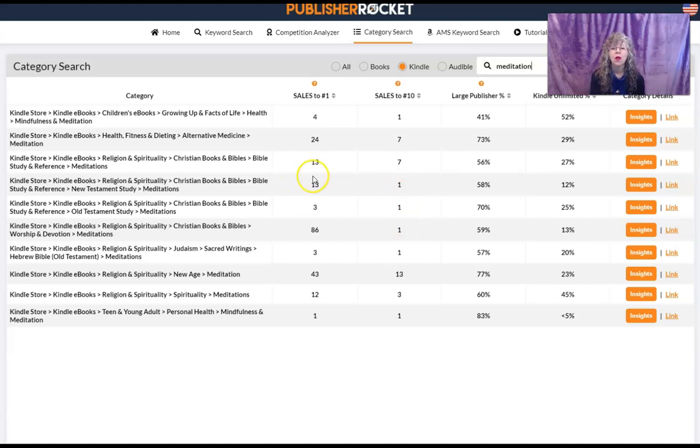All right, so meditation. Kindle and Amazon and a lot of bookstores throw religion and spirituality together. I've never understood why, because in my mind they're quite different, but they put them all together. So under religion and spirituality, they have Christian books and Bibles, Bibles, study and reference, meditation.